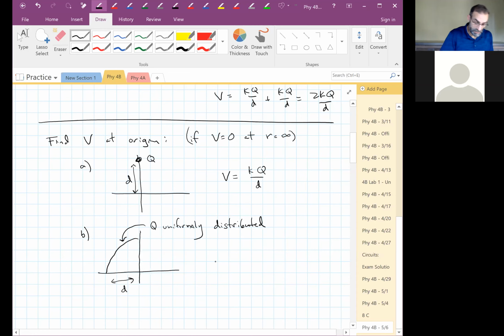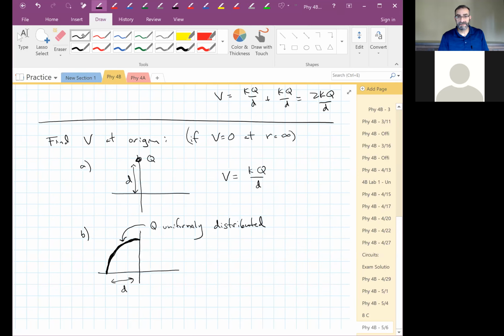Q uniformly distributed over this quarter circle. It's going to be the same thing.